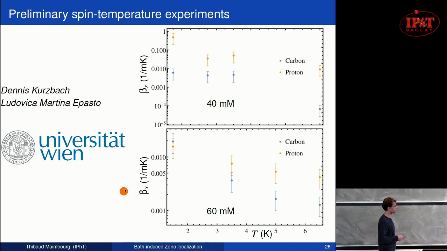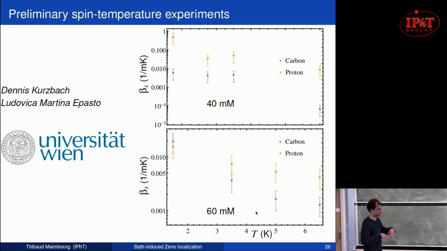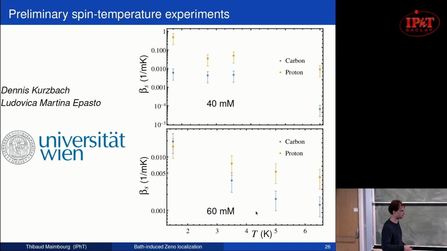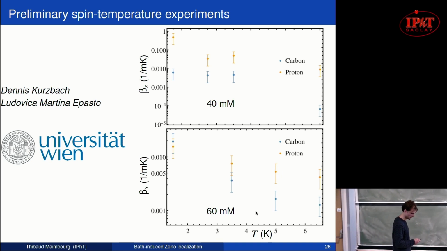And you can see a hint of what I told you before by some indirect measure. You can look at the spin temperature, the effective temperature of each species, carbon and hydrogen, and you can see that at low temperature, basically 1 Kelvin, they share the same temperature, and when you increase the temperature, around 4 or 5 Kelvin, something is happening: they are not thermalizing together anymore, so it's not the same process that is happening.